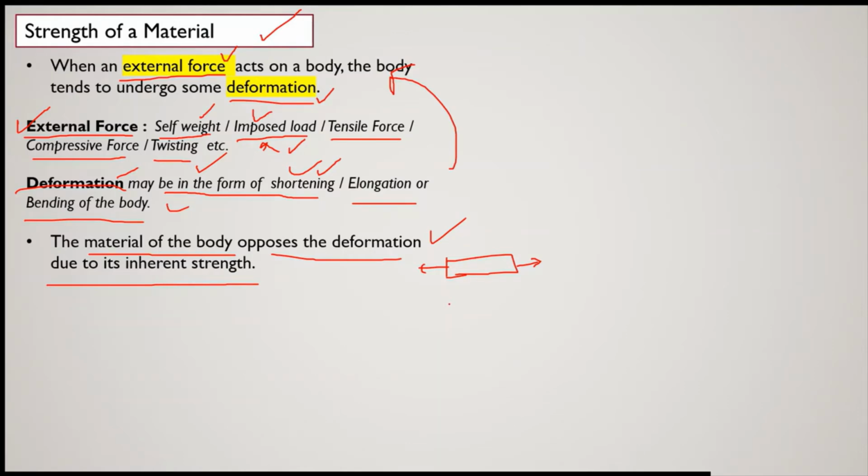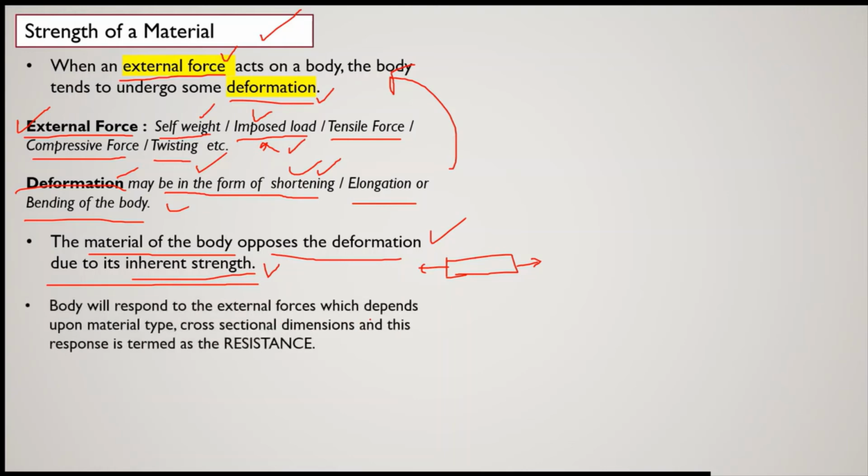But before that, when it is not elongating, that means your member is responding to the applied force. It is resisting. And why is it resisting? Because of its inherent strength. The member has some internal strength. It will try to oppose the external force.